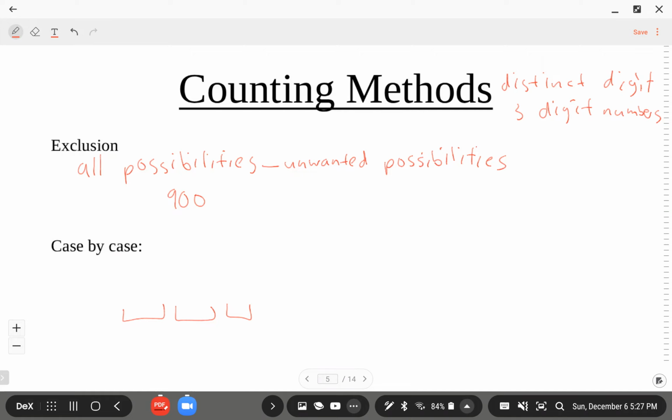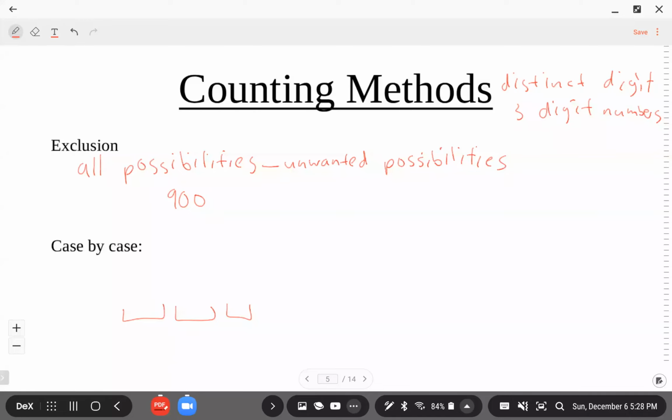And if you have a lot of cases, then it would probably be better to use exclusion. Case by case is better if you only have one case. You'll understand later when you take courses in probability in high school or college.